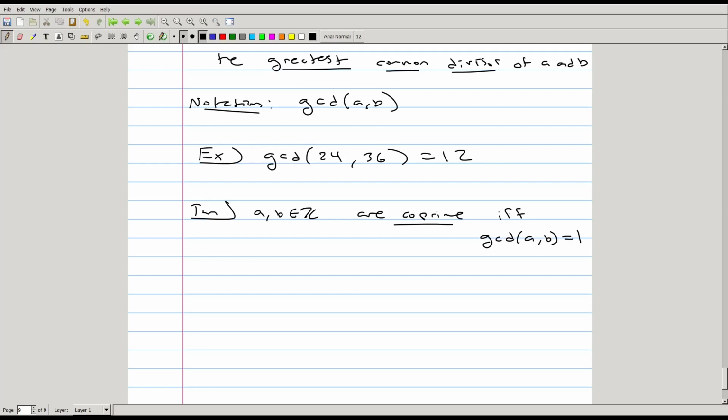And it turns out that this notion is super important for solving congruences, which is something we're going to talk about at length, for crypto systems, so RSA crypto systems, and all sorts of other things.